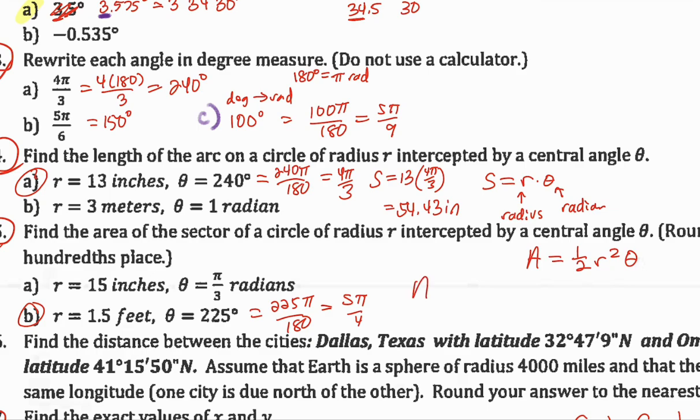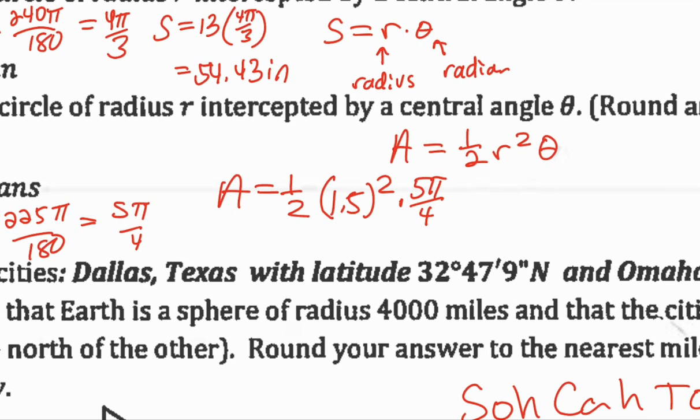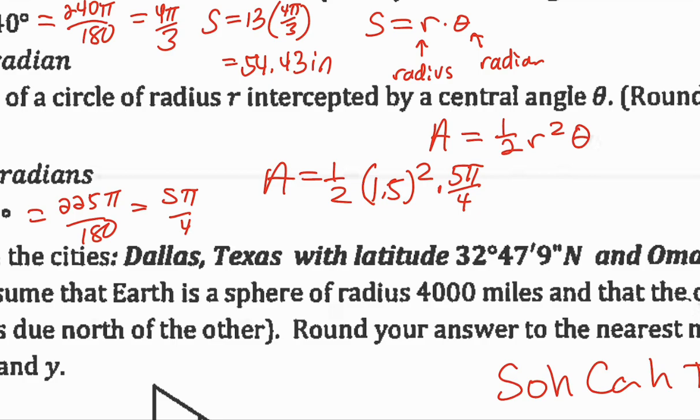So our area is going to be 1/2 r squared, so it's 1.5 squared, times 5 pi over 4, or times 225 pi over 180. They'll both work just fine. 1/2 times 1.5 squared times 5 times 3.14 divided by 4.